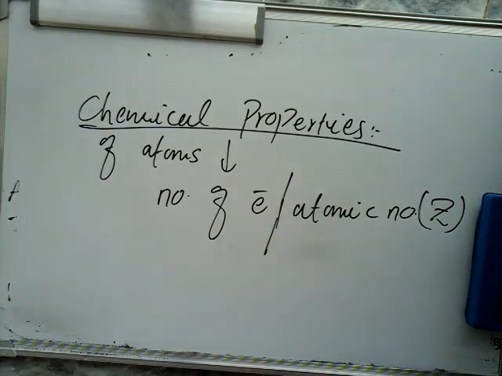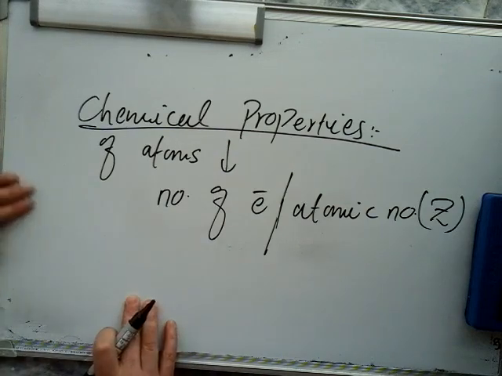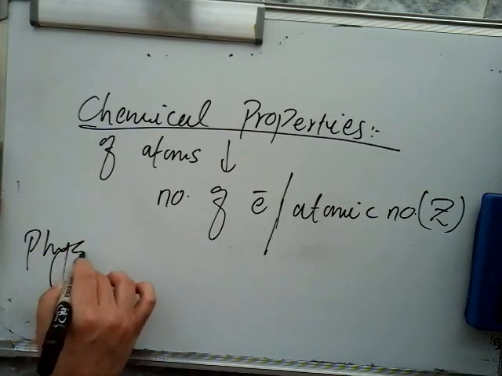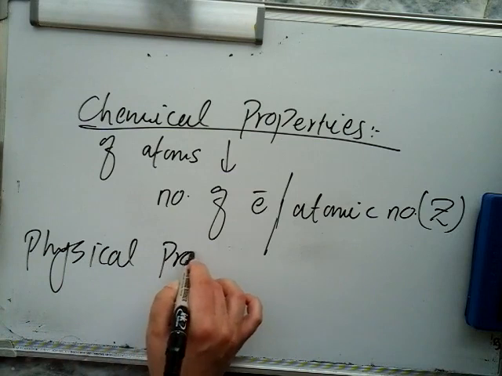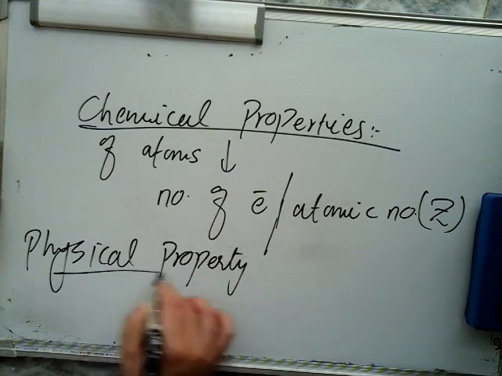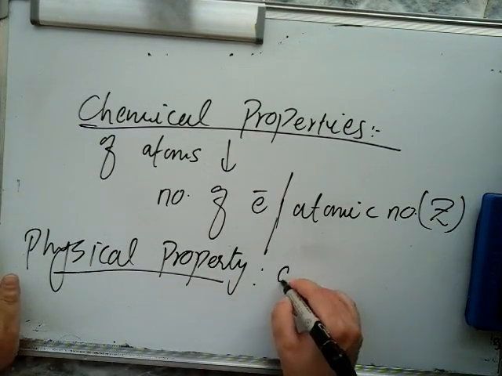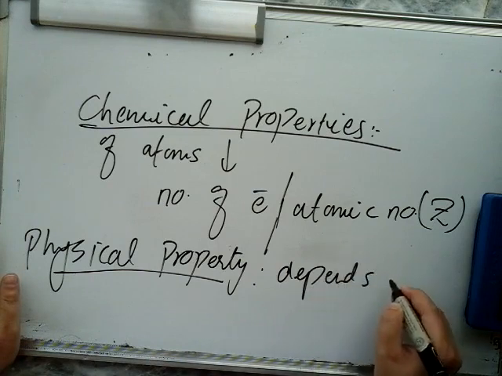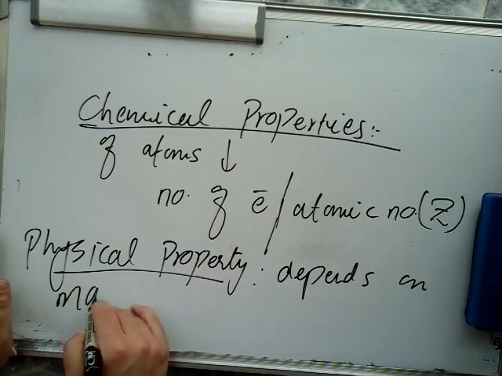Chemical property depends upon the number of electrons, while the physical property depends on the mass number.